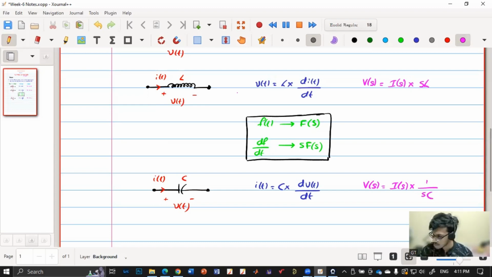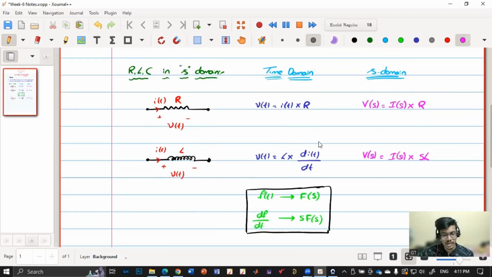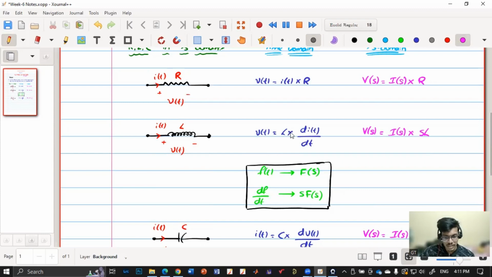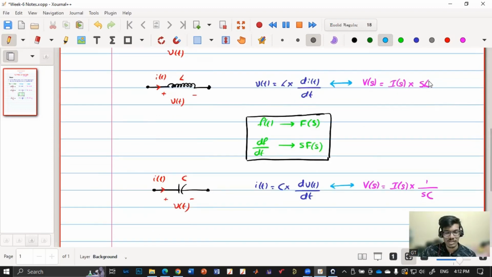Now if you see, in the time domain we have all these d by dt terms. For us to solve, we need a linear differential equation solution method, which will be difficult. Now we have converted this into a particular domain called the S domain by applying the Laplace transform. The advantage of the S domain is that we have V of s and I of s related by just a constant with some additional term s.